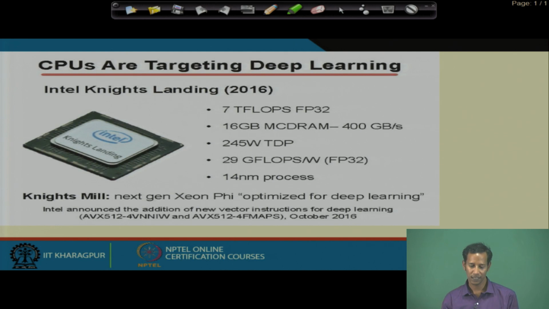It has 7 teraflops, with 16 GB MCDRAM, and is made in a 14 nanometer process. Knights Mill is the next generation Xeon Phi optimized for deep learning.